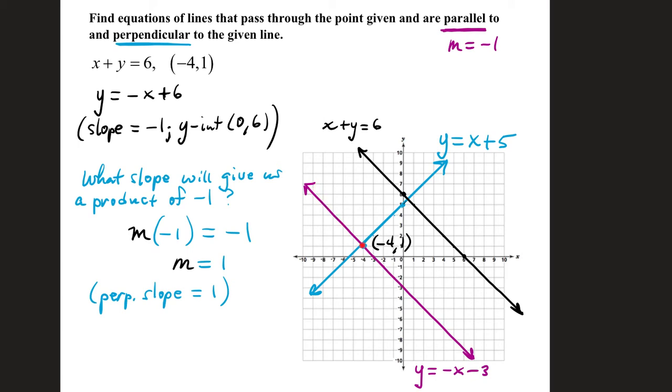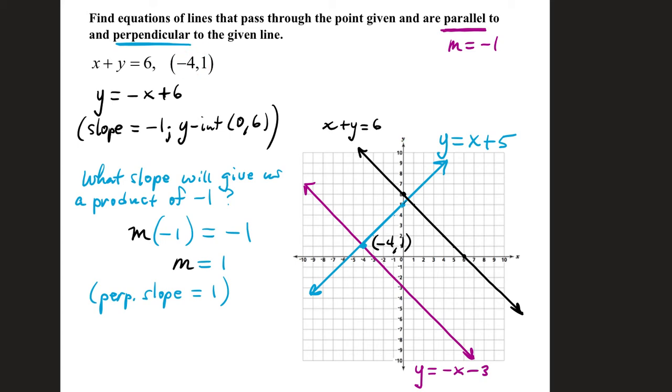So we need a line that's parallel, also meaning it has the same slope as the original. If we isolate y, we get y equals negative x plus 6. So the slope of the line given is negative 1, and its y-intercept is 6. That means the parallel line to it has to have the same slope.